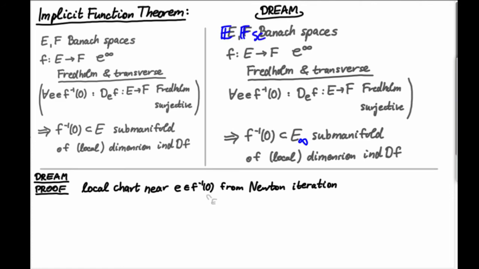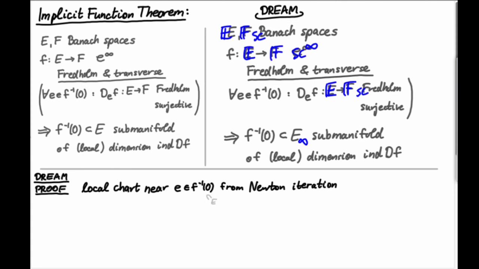So we should start with SC Banach spaces. We probably want our map to be SC infinity. Well, and so we should ask for Fredholmness. We could ask our linearized operators to be SC Fredholm.